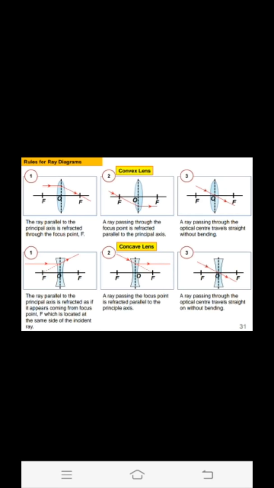And the third one, the ray passing through the optical center travels straight on without bending. So the light ray goes passing through the concave lens without bending. Alright, ray diagrams for concave lens.